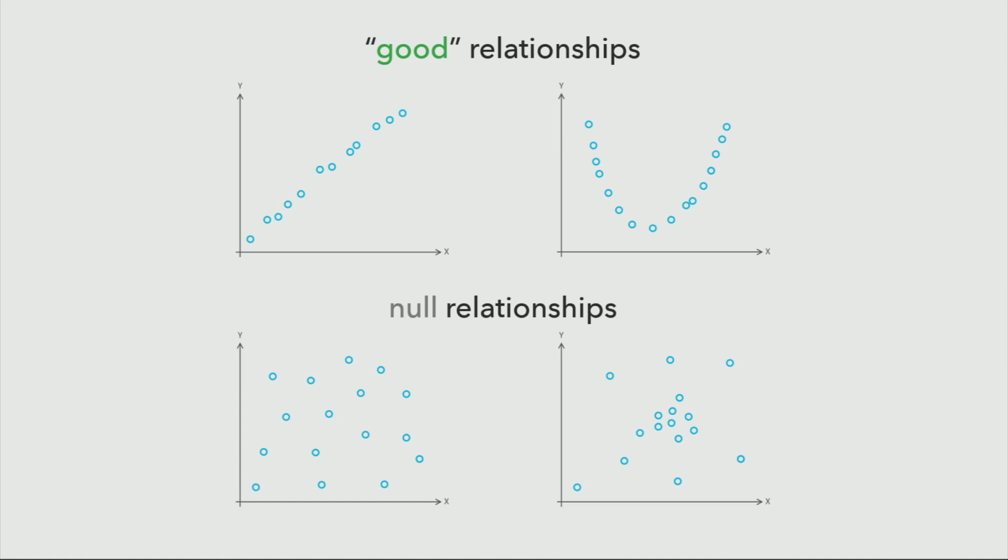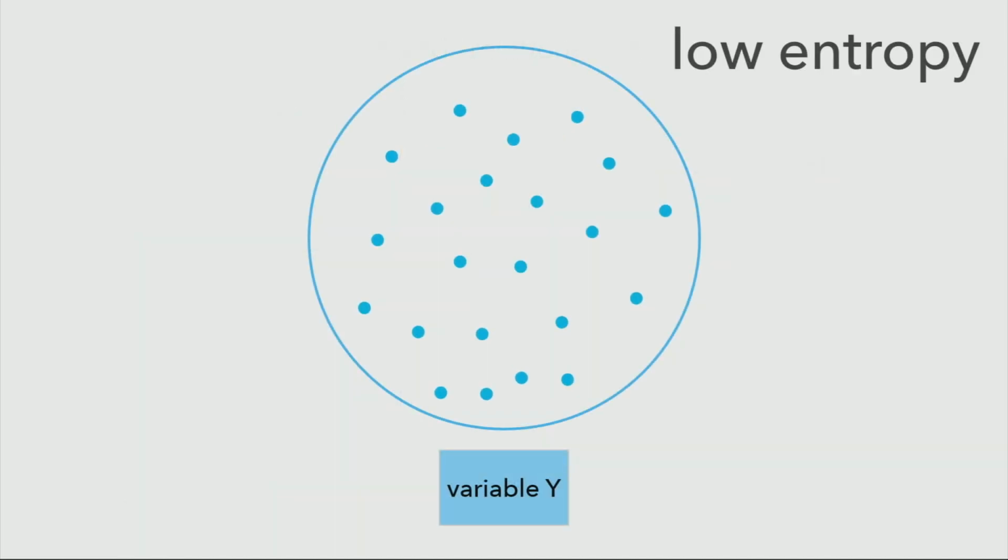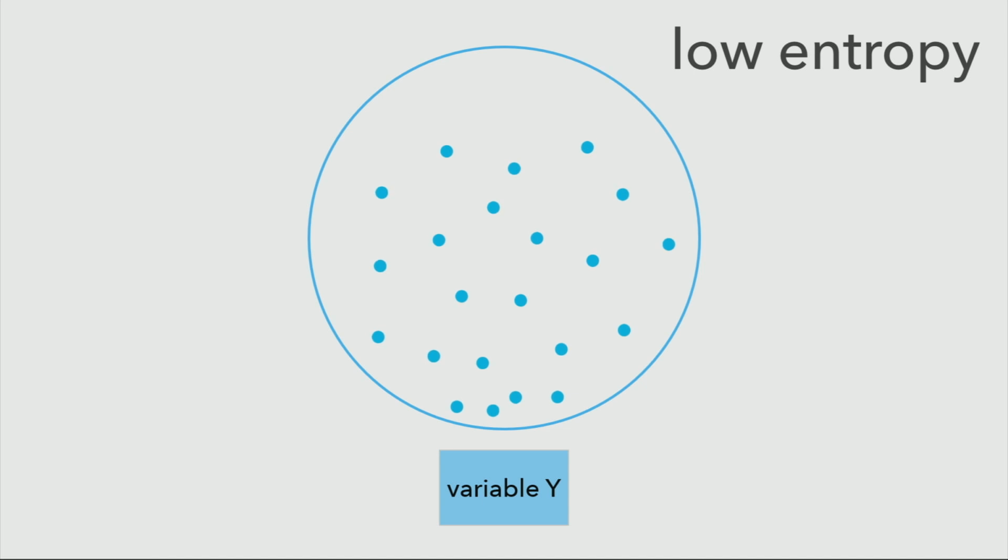Things where one variable does not necessarily explain the other variable, where you don't really learn much about the other one. And in this case, the tool at its core works with an interesting concept called entropy. So good relationships generally have low entropy. Null relationships have generally higher entropy. And this is very much a metaphor.